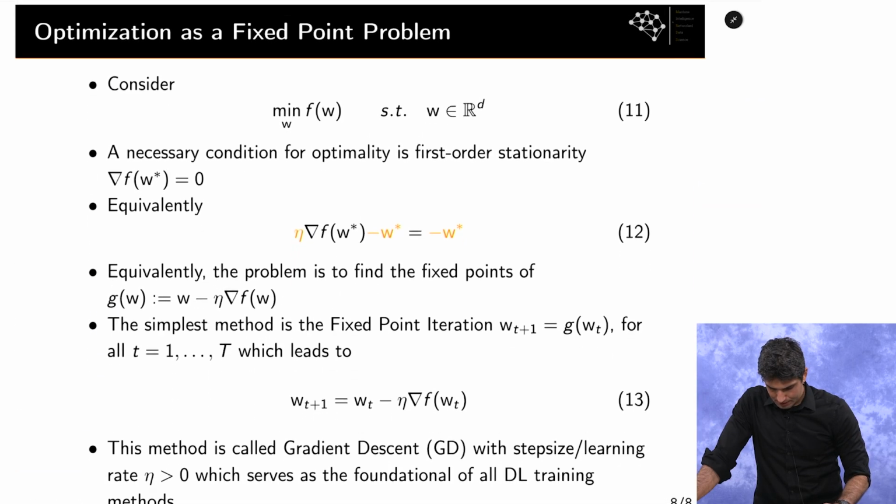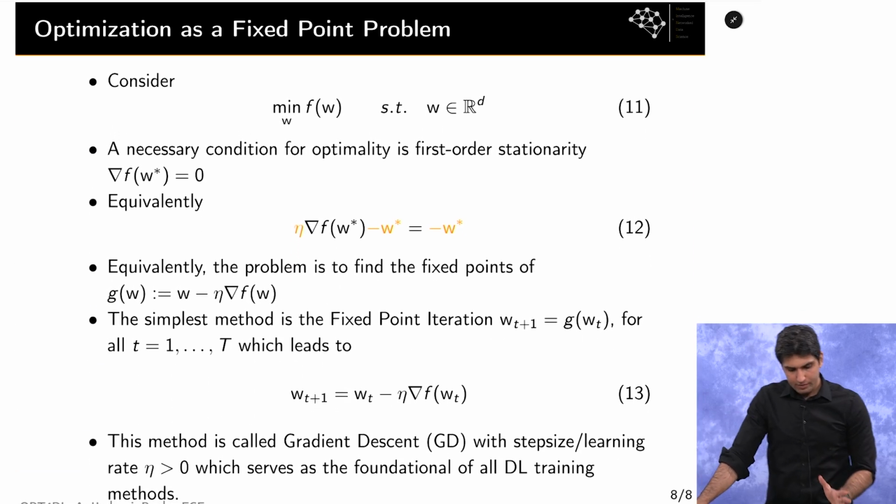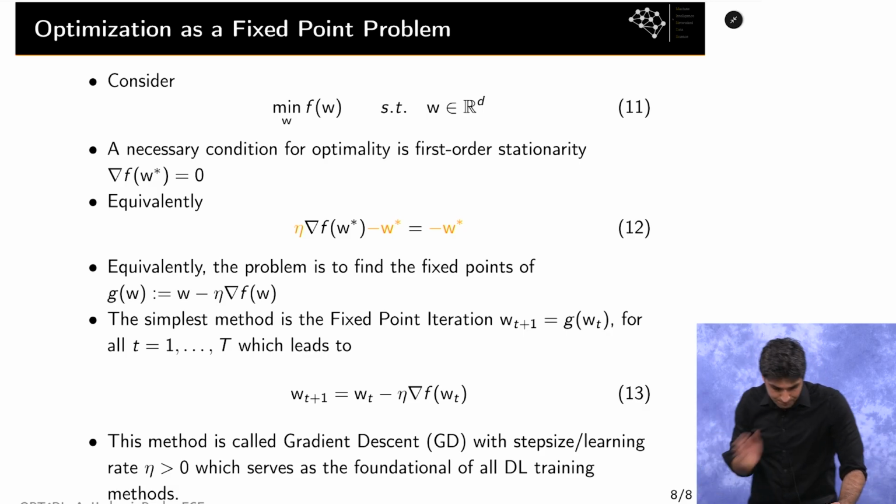All right. Now let's talk about optimization as fixed point problems that you may have seen in your previous studies. The reason I'm talking about this is that it is a nice way to introduce one basic algorithm that underlies almost all of the training algorithms that we use when training deep learning models, and that's gradient descent.